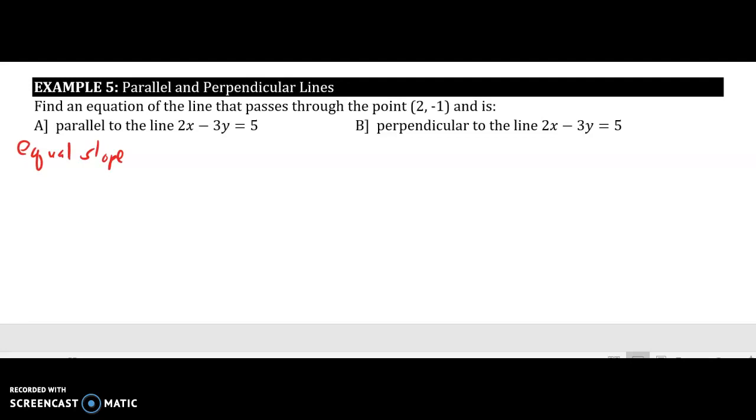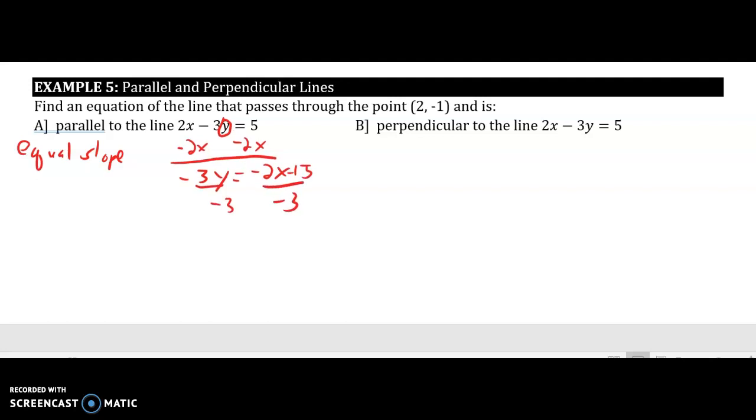So we got to find the slope of this line first. Well, we got to solve for y first. So first we got to move the 2x to the other side. So then we have negative 3y equals negative 2x plus 5. And then we got to divide by negative 3.